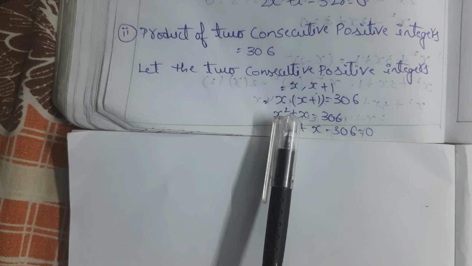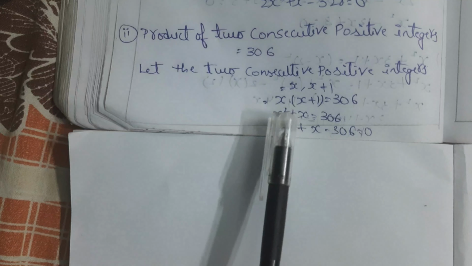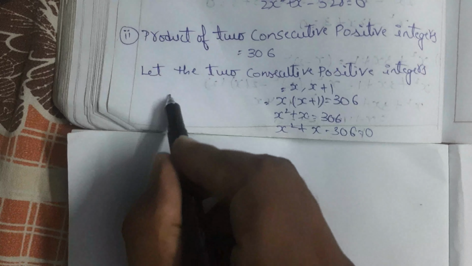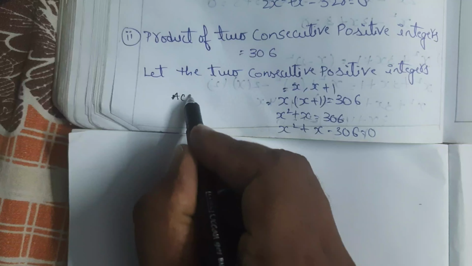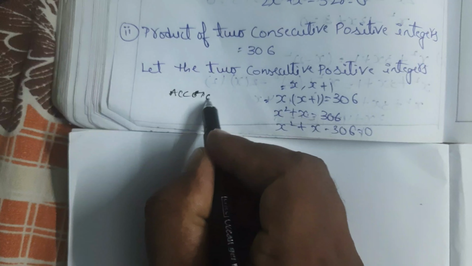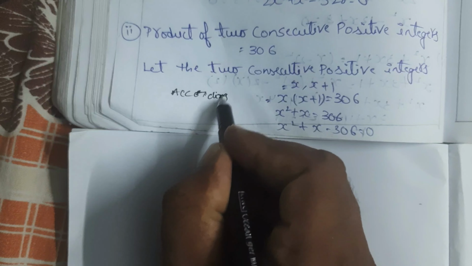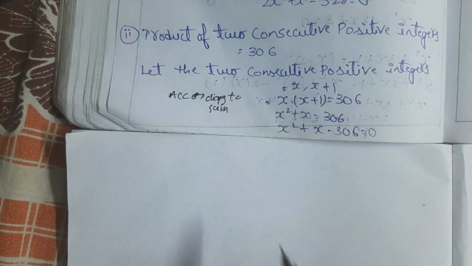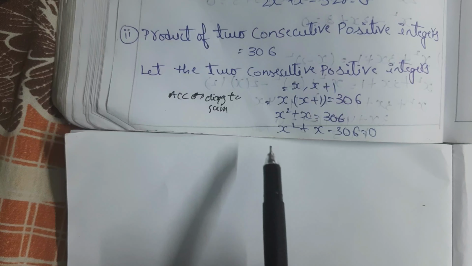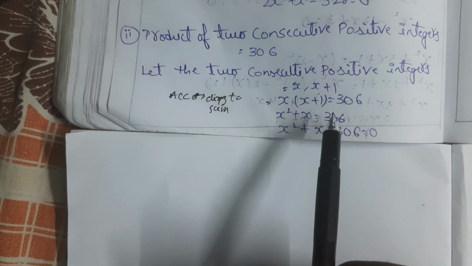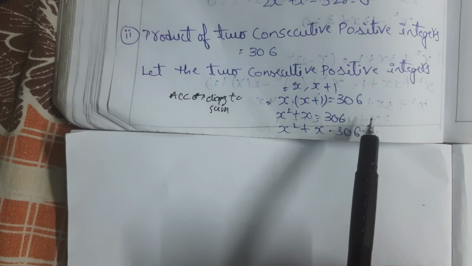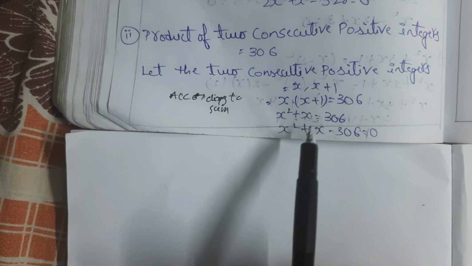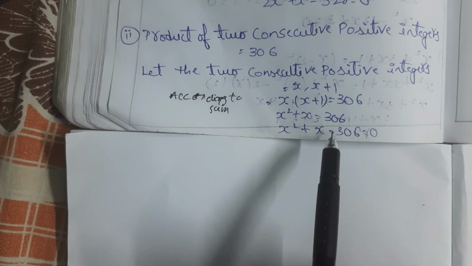Their product is 306, given. According to the sum, x into x plus 1 is equal to 306. Now multiply: x into x, x square, plus 1 into x, 1x, is equal to 306.